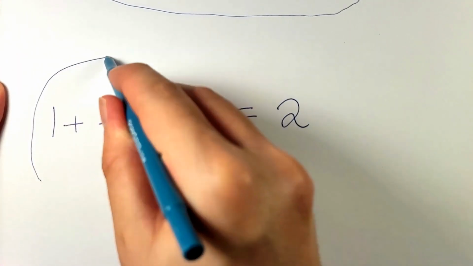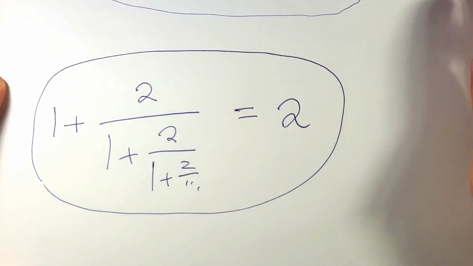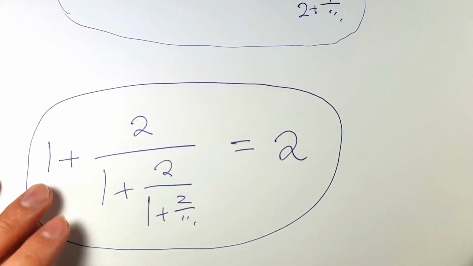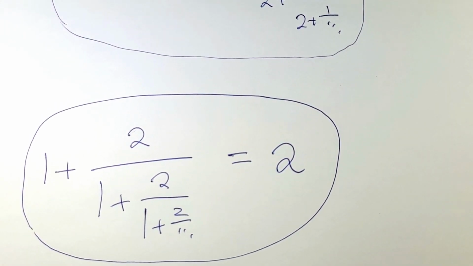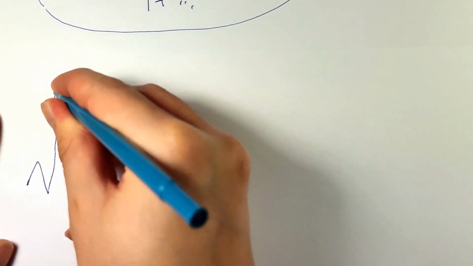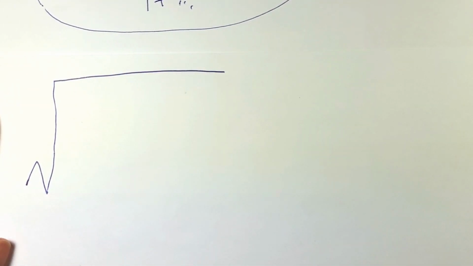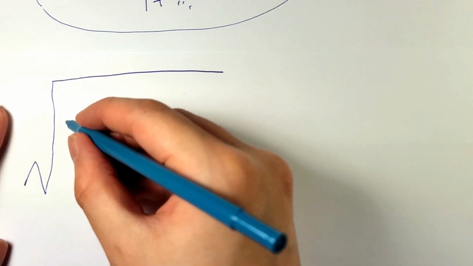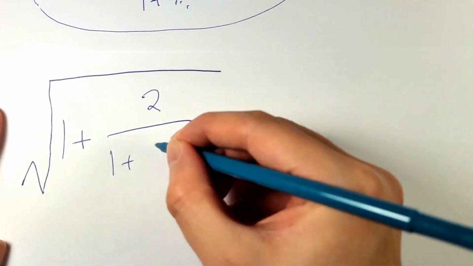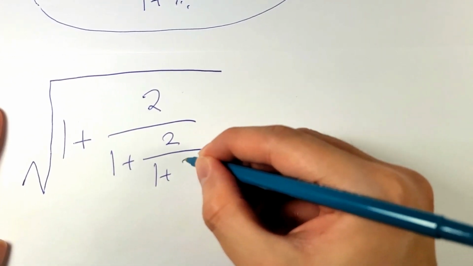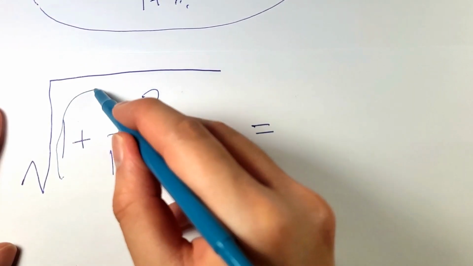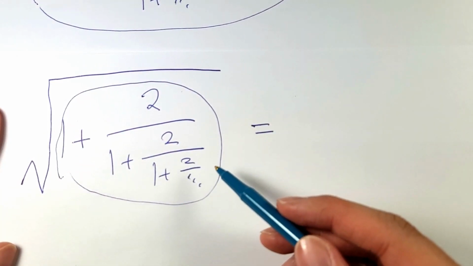So what I'm going to do is I'm going to combine these two equations together. How, you may wonder? Like this. So first I consider this. So I look at the square root of this continued fraction: 1 plus 2 over 1 plus 2 over 1 plus 2 over, and so on. So this continued fraction inside here equals 2.